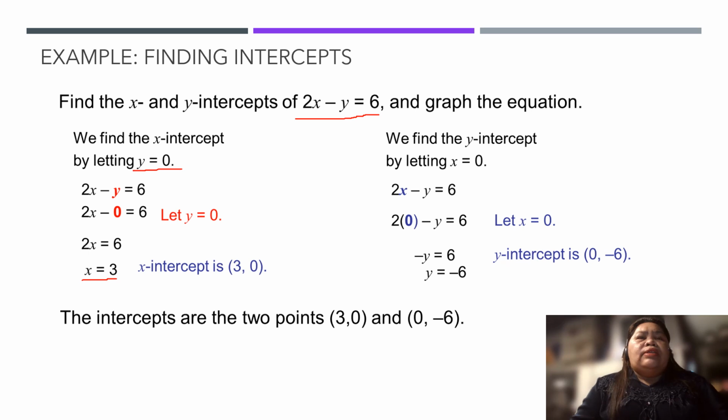The x-intercept is (3, 0). In finding the y-intercept, let x equal 0. So 2 times 0 minus y equals 6, that's why we have negative y equals 6, or y equals negative 6. Therefore, the two intercept points are (3, 0) and (0, negative 6).